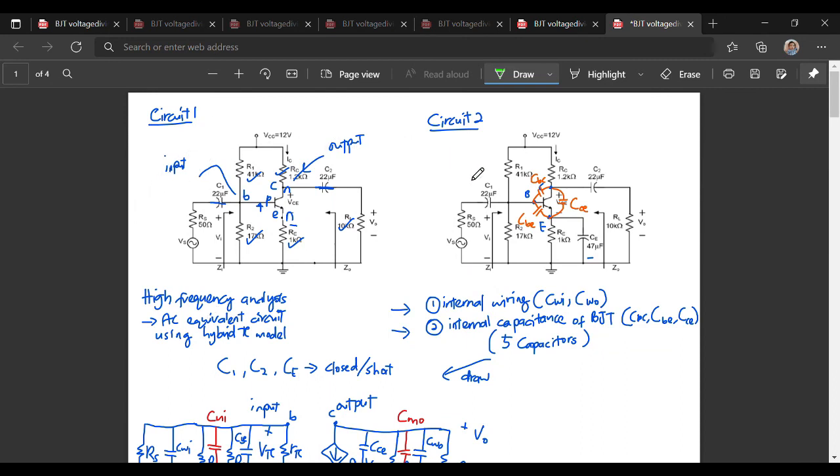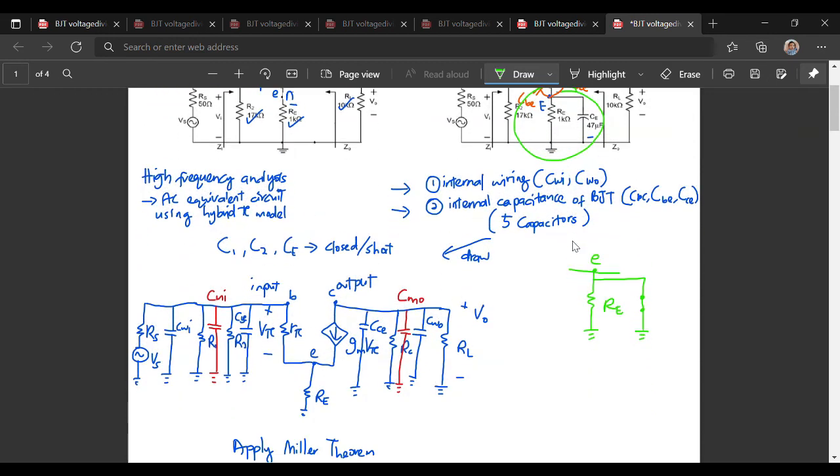Okay, so we need to continue with circuit 2. Alright, so for this one, you see the difference is at the emitter part. Okay, so what happens during high frequency analysis? The capacitor is shorted, right?